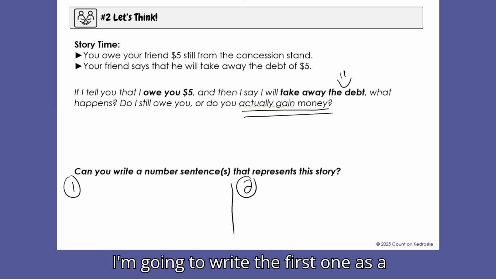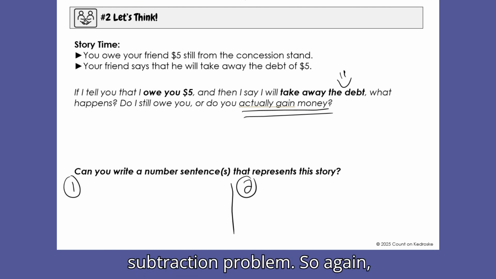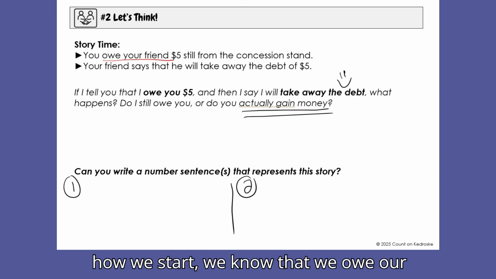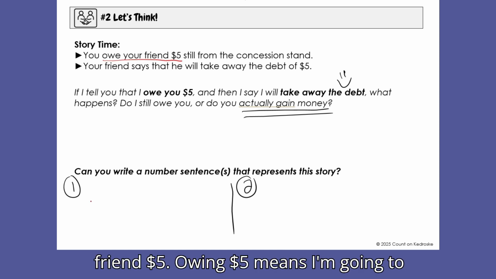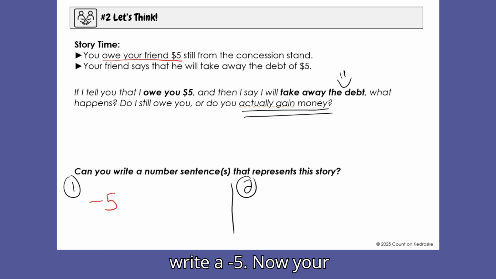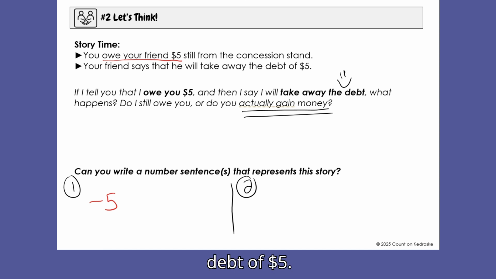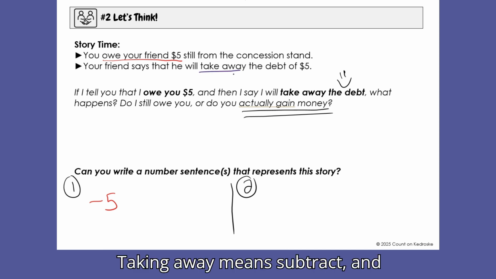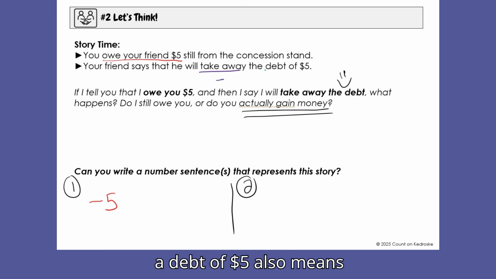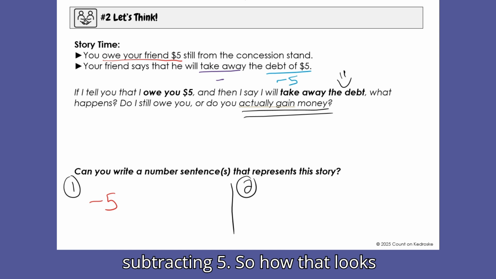I'm going to write the first one as a subtraction problem. How we start, we know that we owe our friend $5. Owing $5 means I'm going to write a -5. Now your friend says he's going to take away the debt of $5. Taking away means subtract, and a debt of $5 also means subtracting 5.